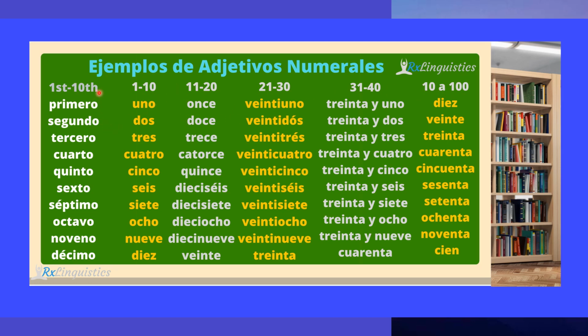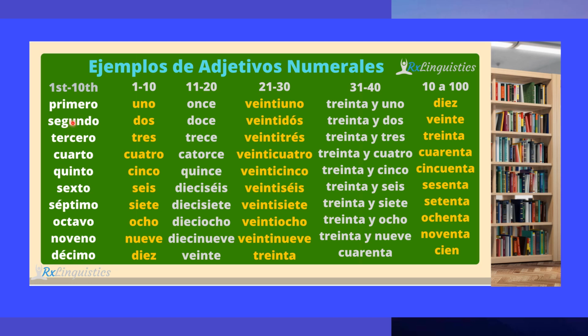Now, as to ordinal numbers, los adjetivos numerales ordinales, those were adjetivos numerales cardinales. But these ones are adjetivos numerales ordinales, okay? Order, ranking. From 1st to 10th, they are the most important.